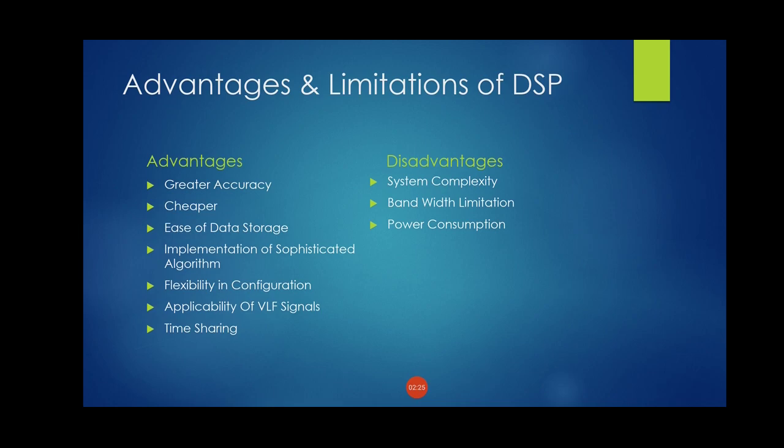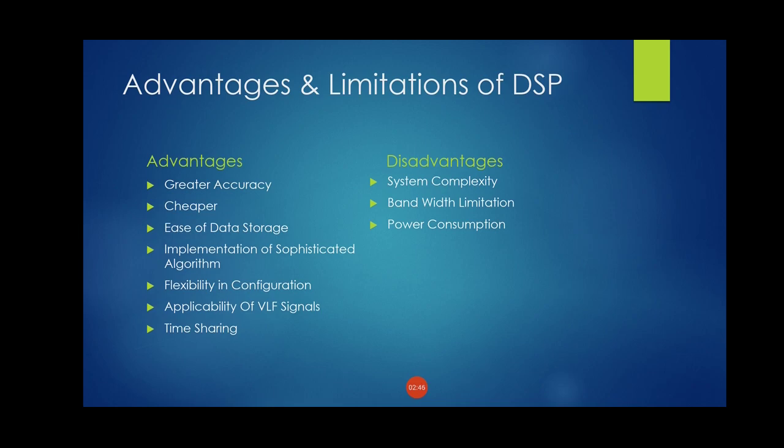Now the second point is cheaper. In many applications, it has been seen that digital realization is comparatively cheaper than its analog counterpart. The third point is ease of data storage.